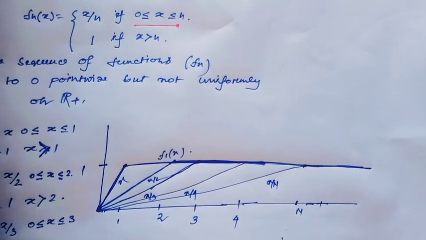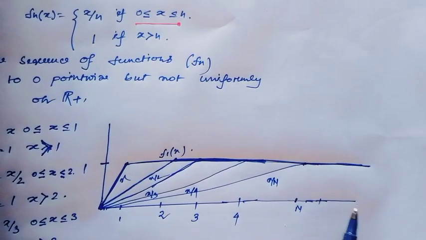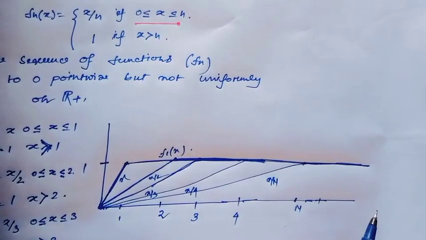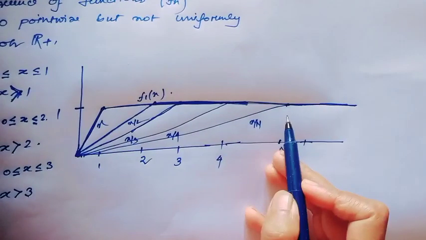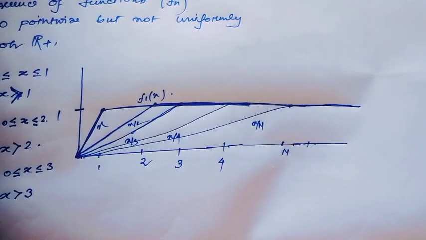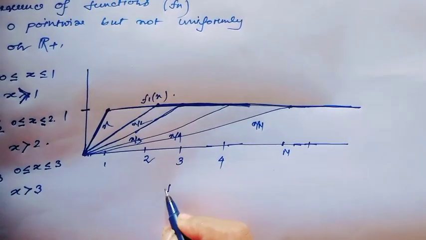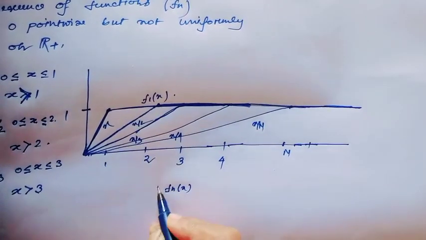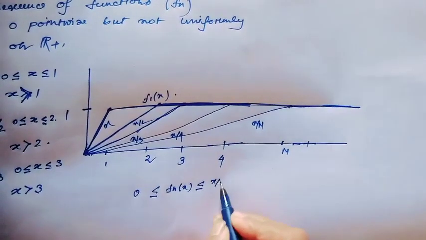Now I will say this sequence of functions converges pointwise to the function f(x) equal to 0. I will prove this convergence by the sandwich theorem. Notice here that all f_n(x) lie between 0 and x over n.